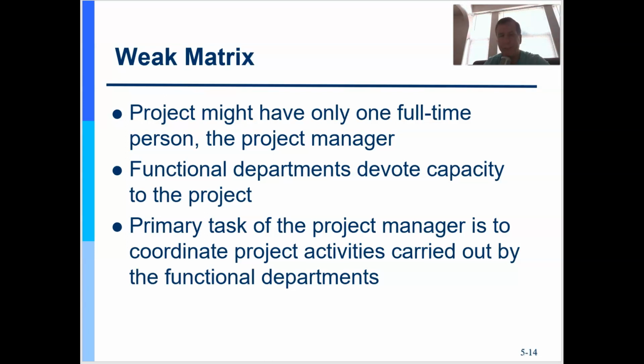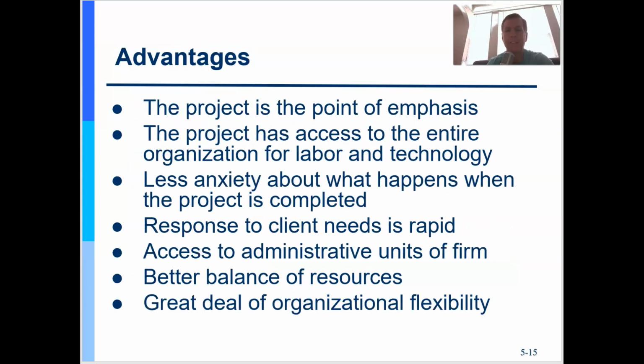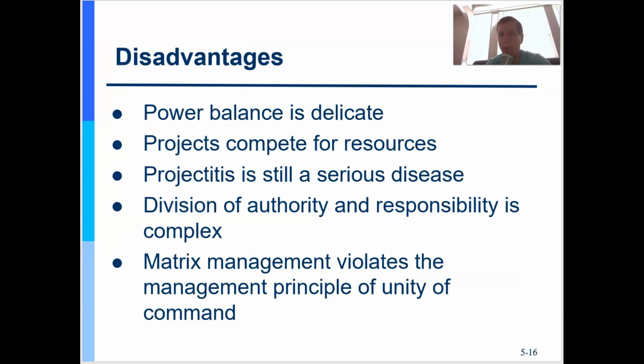The project manager has very little authority, and you'll have to negotiate a lot with the functional manager in order to get things done. It has advantages and disadvantages. You're welcome to pause and review those. It is worth your time so that you can maximize your potential if that's the organizational type that you work within.